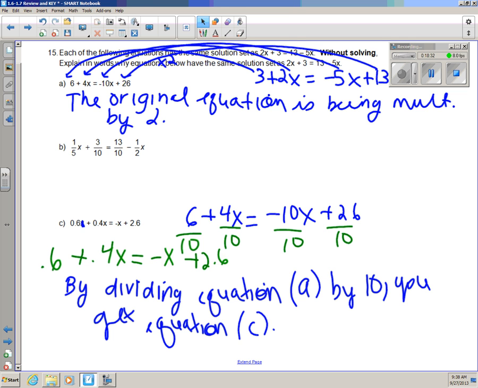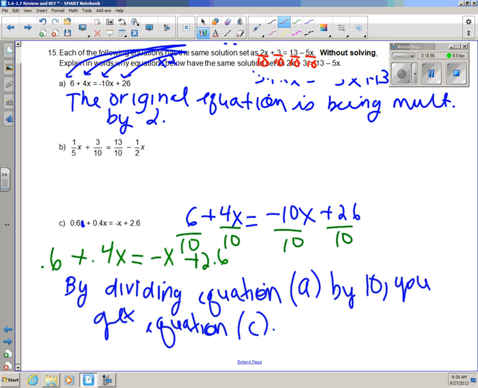Let me erase some stuff up here. Let's go back to this fraction for a second, and let's see if we can figure out how they're getting 1/5 x plus 3/10. Hey, they're kind of doing the same thing, right? If we were to divide the original equation by 10, 2/10 x is 1/5 x. 3/10 is just 3/10. 13/10 is just 13/10. 5/10 is just 1/2.